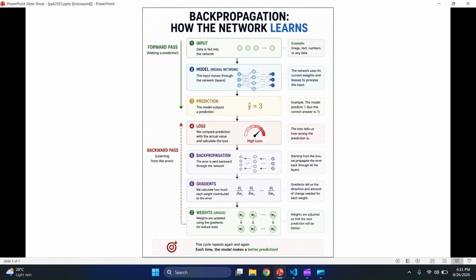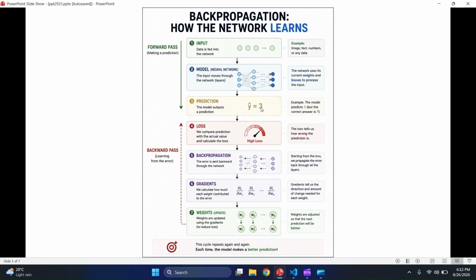Okay, so this is probably the most important part of what I learned today. We basically have two directions here. We have the forward pass, you can see here on this part, and another, the backward pass. During the forward pass, the input goes through the network and we get the prediction.